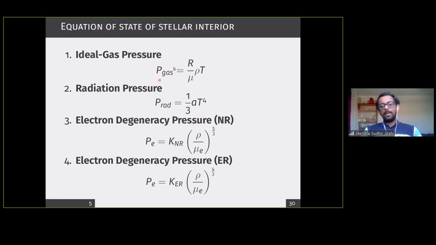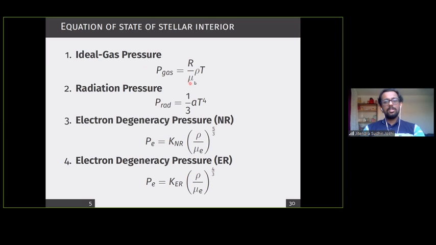So now I have explained what all the pressures are. But when I say these are the equations of state, what do we mean by equation of state and why do we need them? Basically, an equation of state helps us describe the microscopic quantities using the quantities that we know, like the density, the temperature, and the composition.